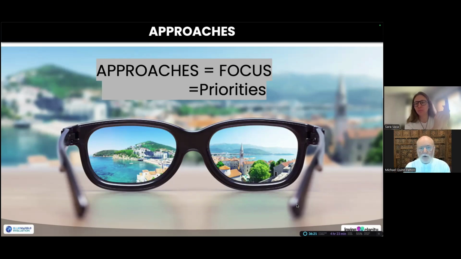That's what focus is. And so focus means when you take an approach, you're choosing to focus on one particular kind of issue, one particular kind of problem or concern, and that's what defines what an approach is, what the focus is. That leads to priorities that are within that focus, and that's what we're going to take a look at as we go through these different approaches.